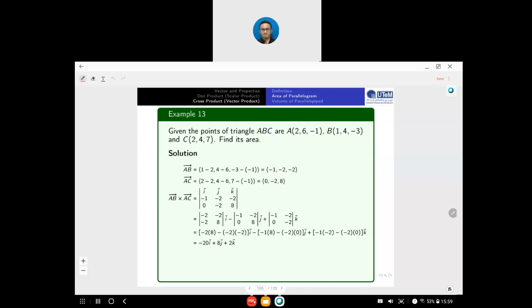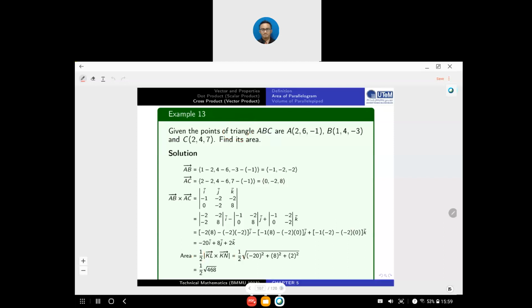Then we can get the area of the triangle. That's why we must put 1 over 2 here: 1 over 2 times the square root of negative 20 squared plus 8 squared plus 2 squared. Then your final answer is 1 over 2 times the square root of 468. This one is the area of the triangle.